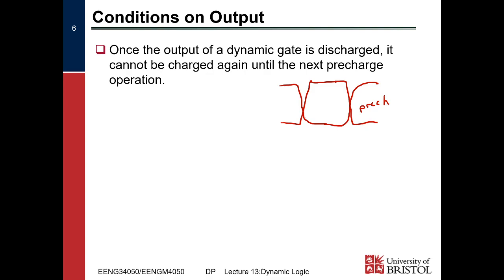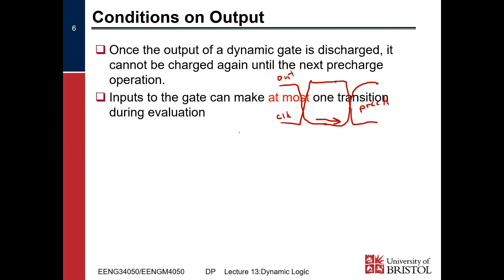Right? So there's the output, there's the clock. If it goes low, it stays down here until the next pre-charge phase. Therefore, the inputs to all our gates can make at most one transition during evaluation, right?